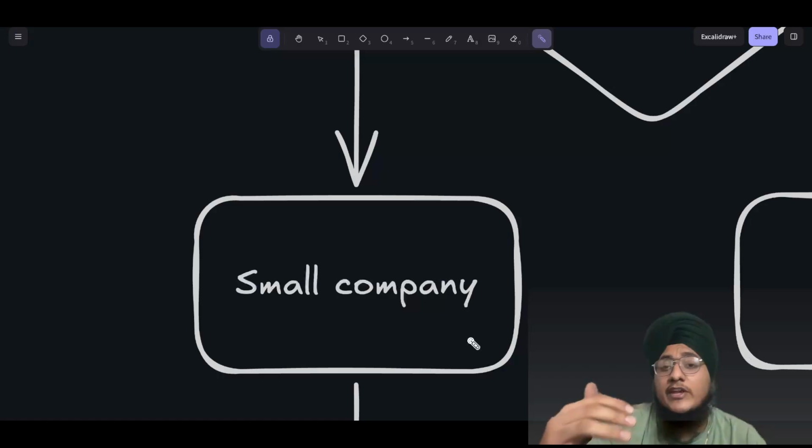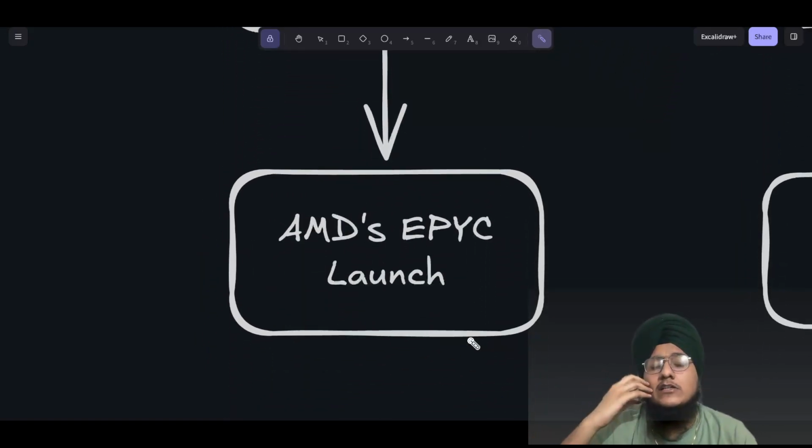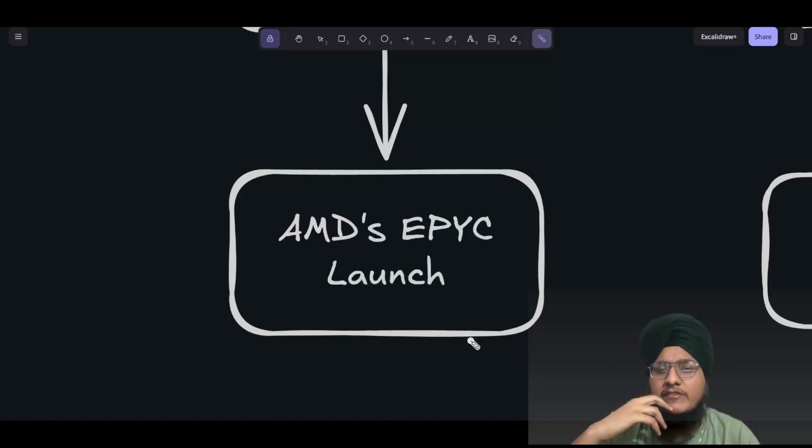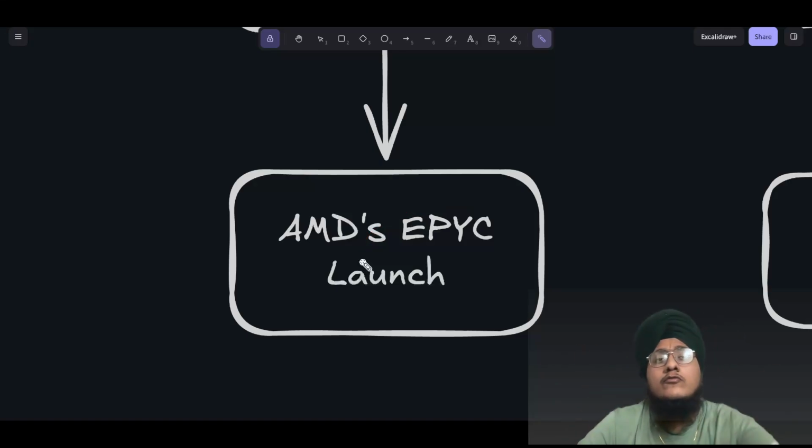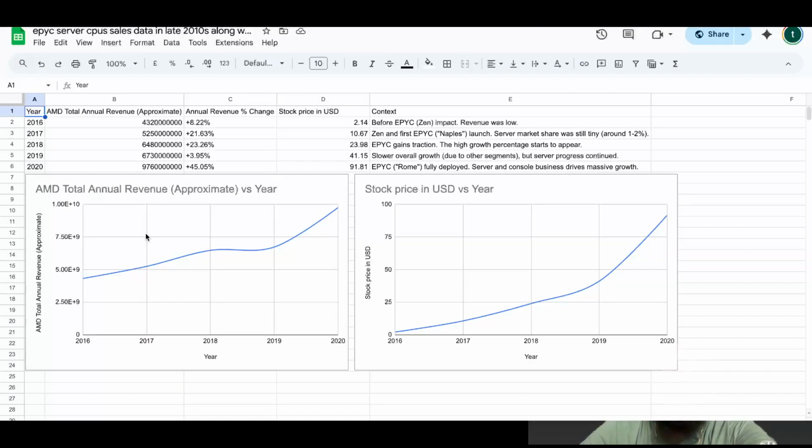So let's start with an example of a small company, AMD. In early 2017, AMD launched its EPYC servers, serving server processors. The processors were a hit, by the way. So let's see what happened.